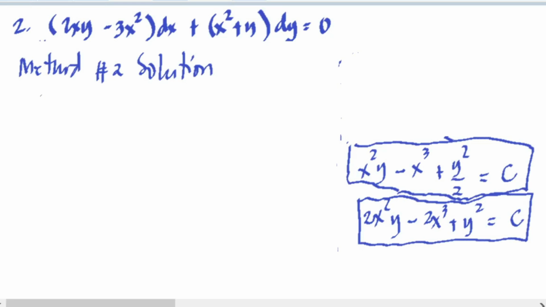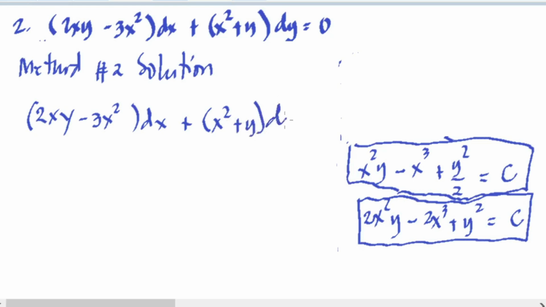If we have 2xy minus 3x squared dx plus x squared plus y dy, and that is equal to 0.